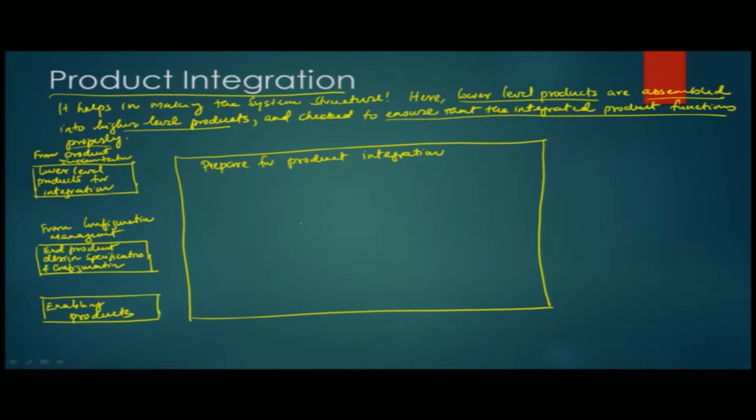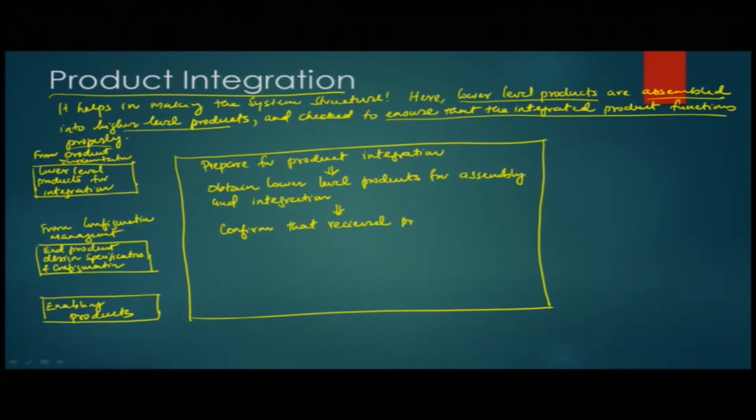Okay. So in this step, the first thing is we obtain lower level products for assembly and integration. Then we confirm that received products are validated.